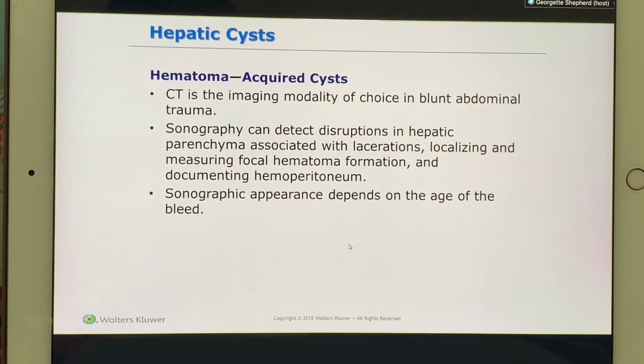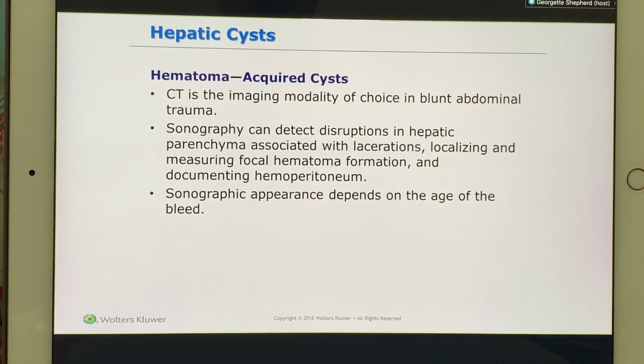A hematoma is going to be a CT because it is usually blunt force trauma that has caused it, such as a football injury or a car wreck, and it's a very, very fast exam, and they can find out specifically where the bleed is coming from.